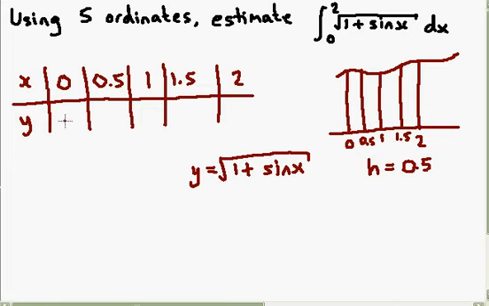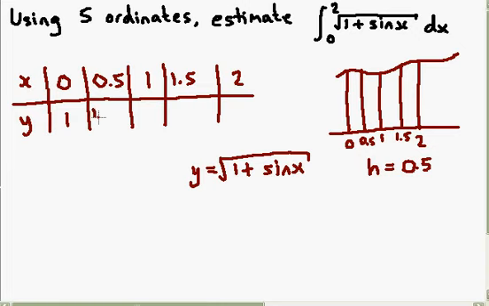Square root of 1 is 1. Okay, so that's just a matter of substituting in. Now, when x is 0.5, I'm going to put it in my calculator. I do the square root of 1 plus sine of 0.5, and that's 1.216.